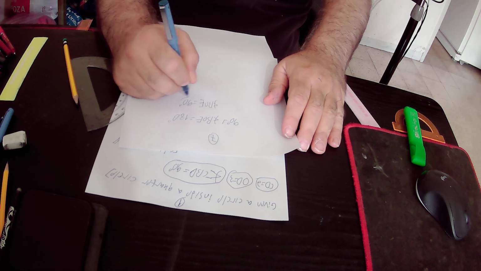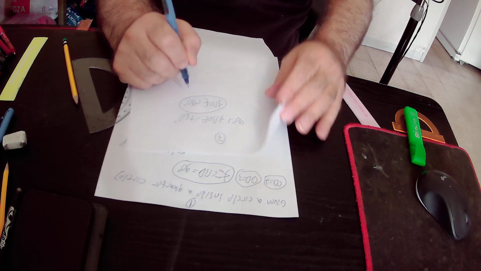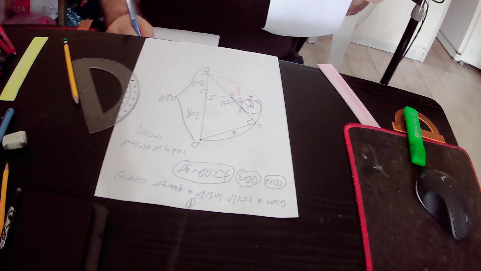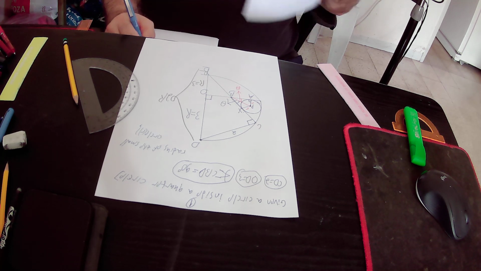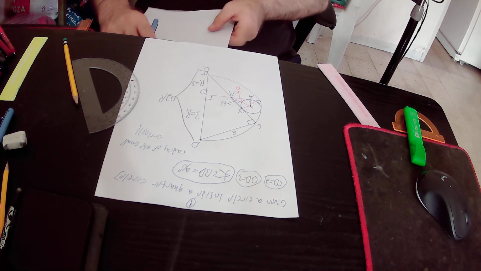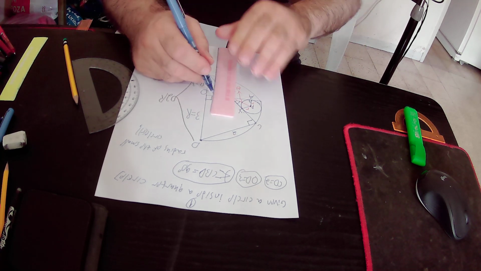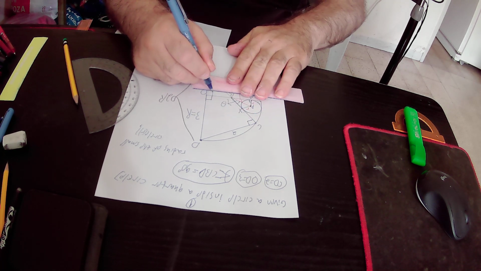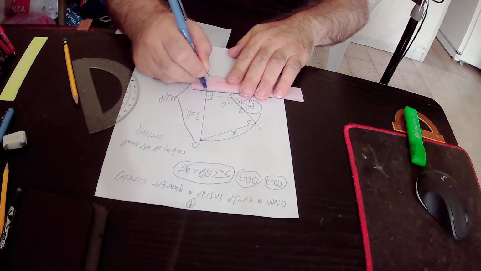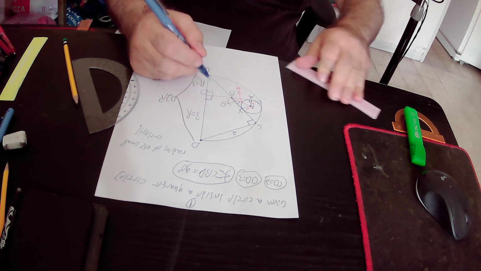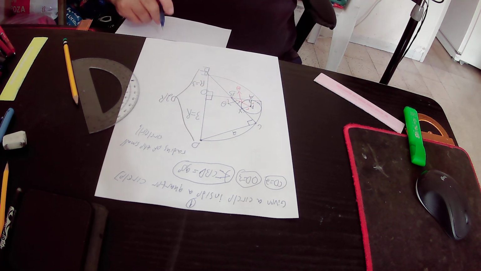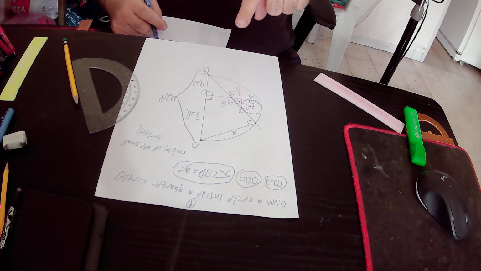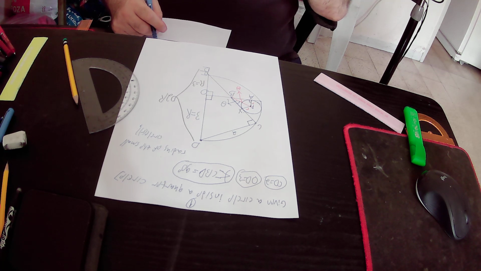So angle BOE is a right angle, and from the fact that angle BOE is a right angle, triangle BOE is also a right triangle.